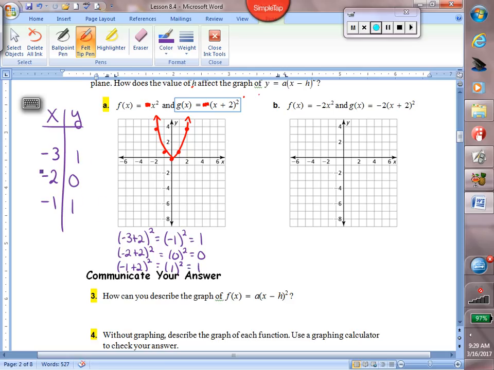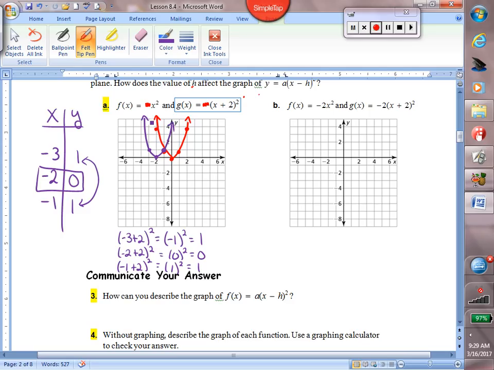It looks like this is our vertex. These two values are the same. Looks like we found our symmetry. Let's go ahead and graph these 3 points. -2 is at the middle, which would be our vertex. -3, 1. -1, 1. Those 3 points will give us a pretty good idea of what our graph looks like.